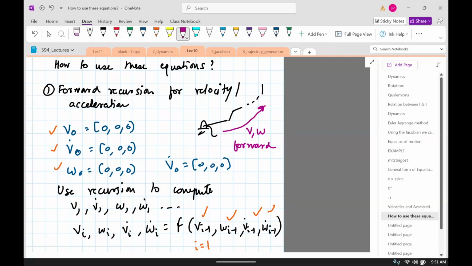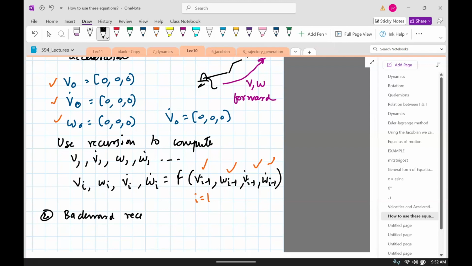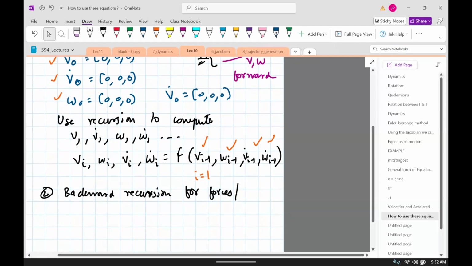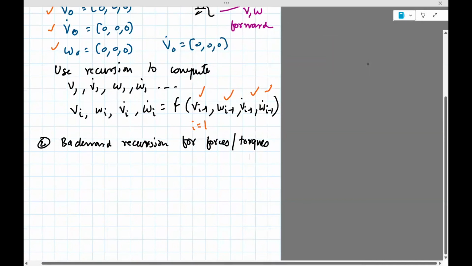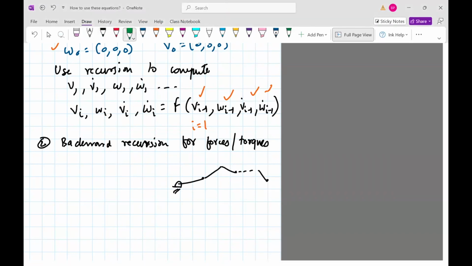But we need to find the forces eventually. To find the forces, we need to go backwards. There's a backward recursion too, for forces and torques. Okay, so how does the backward recursion work? The last link has no force on it.